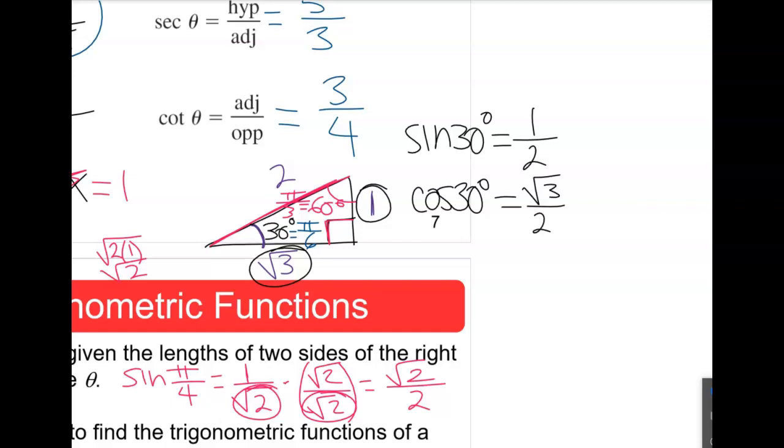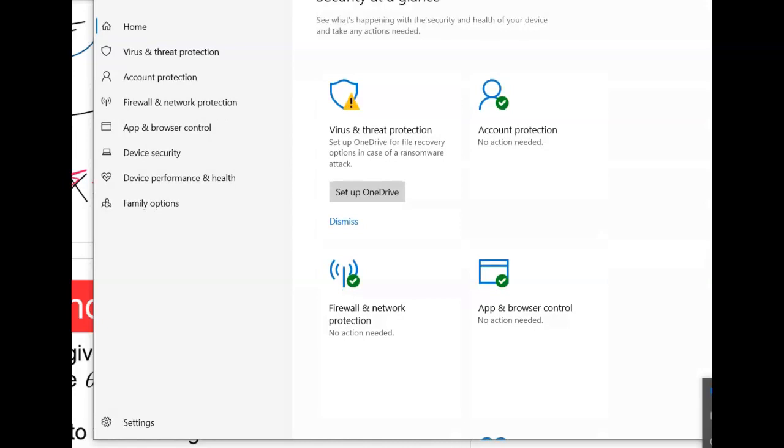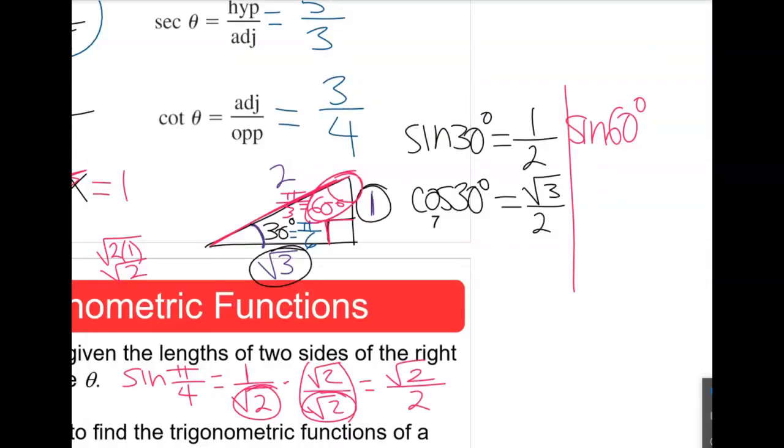Now, kind of a fun fact, but it's actually more like a theorem or definition, is that if I switch the angle in question, and now I ask you what is the sine of 60 degrees?